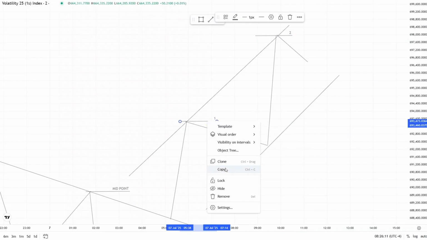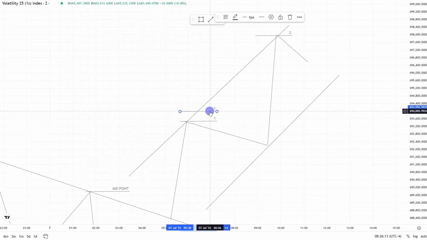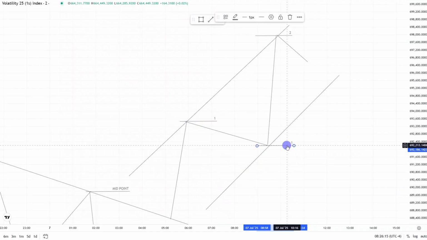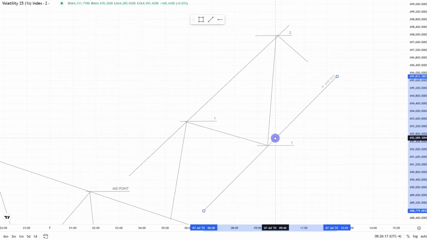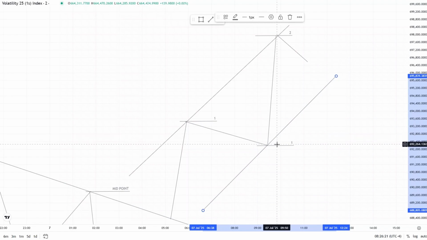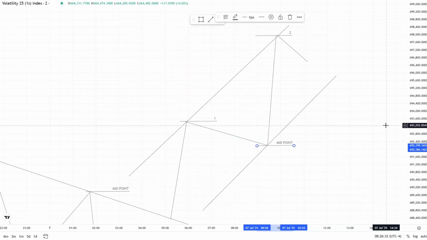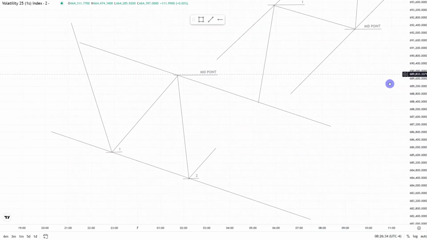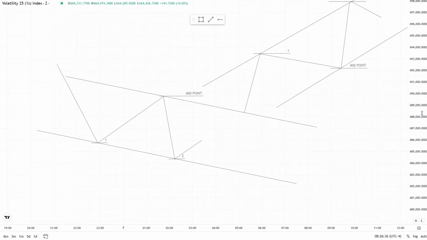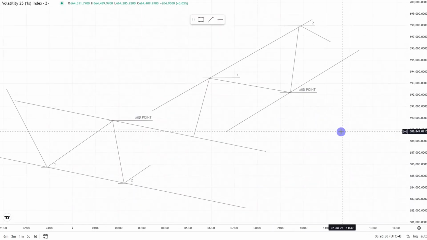And remember, we also want to highlight our midpoint, right? Remember, the line has to touch that midpoint. And then this is going to be your midpoint, right? Right. So this is how it looks. This is how it should be. Right. This is how it should be, man.